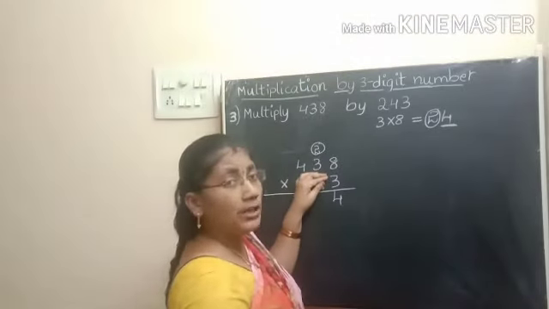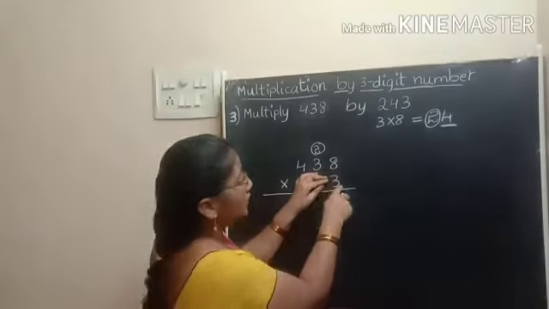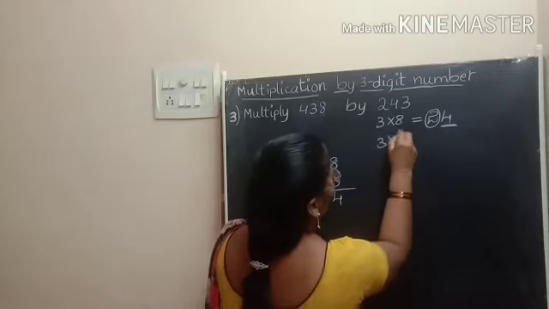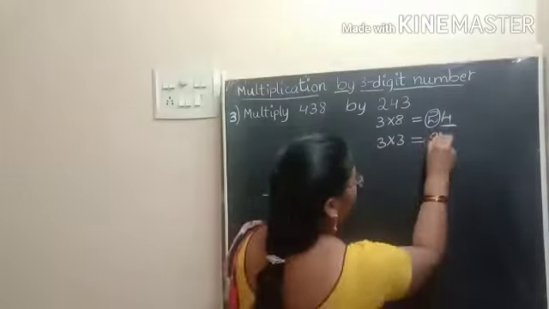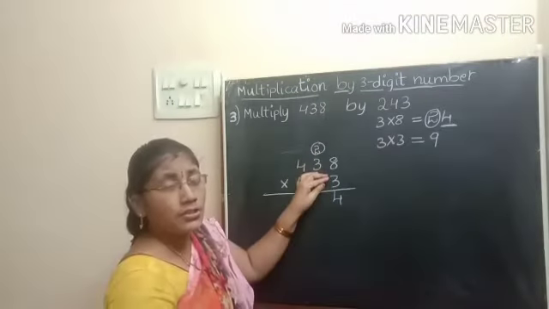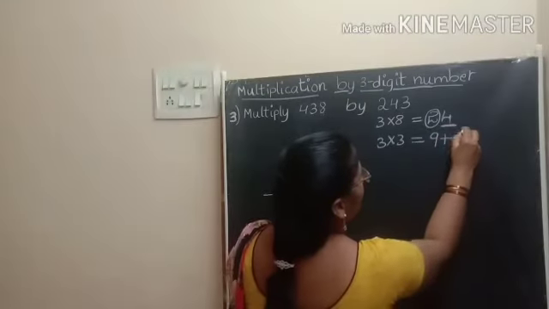Then we have to multiply the digit in tens place. So we have to take 3 into 3. 3 into 3. How much is it? 3 3s are 9. But we have 2 as carry. So we should add 2 to the result.